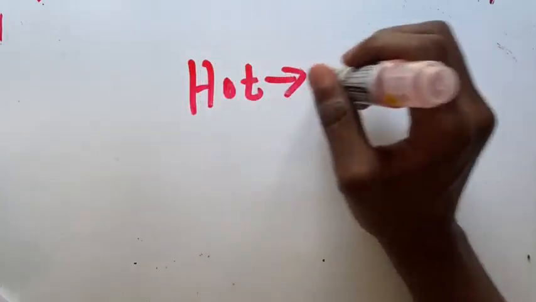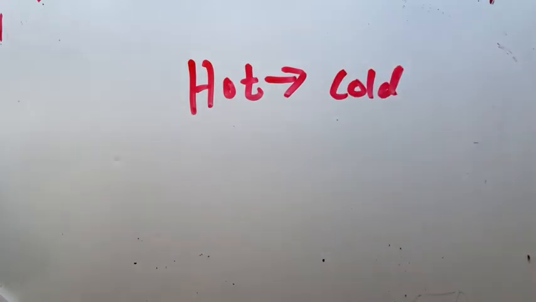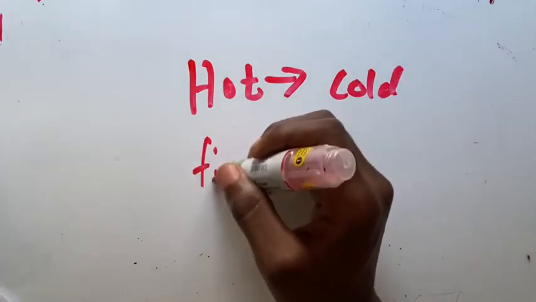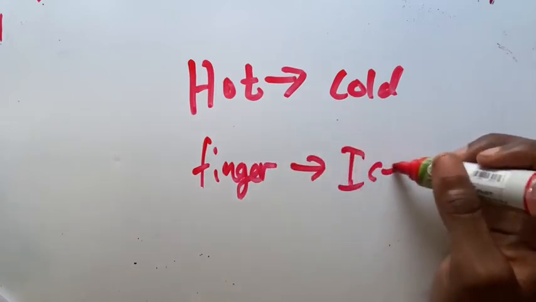22 says when you touch a piece of ice with your finger, energy flows, well, energy always flows from hot to cold. So it's going to go from your finger to the ice.